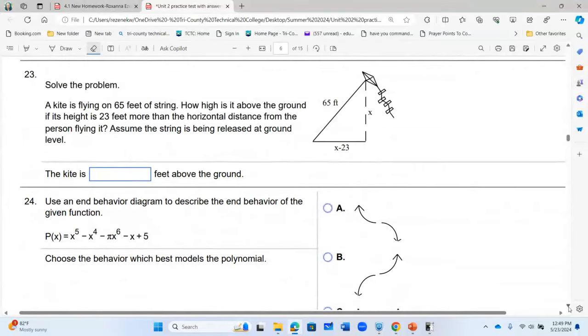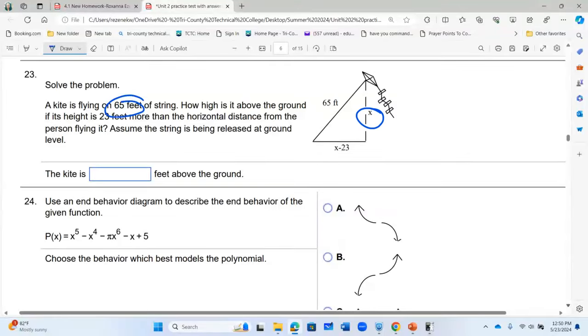A kite is flying on a 65 feet of string. How high is it above the ground? If its height is 23. So the height is 23. Well, okay. And how high is it on the ground?